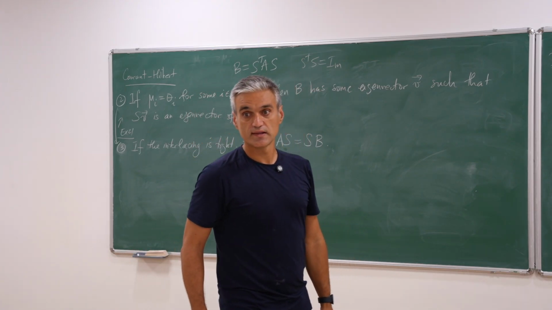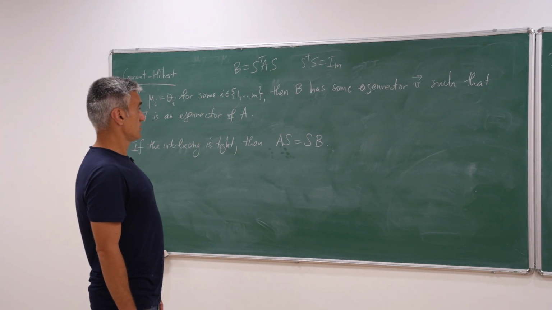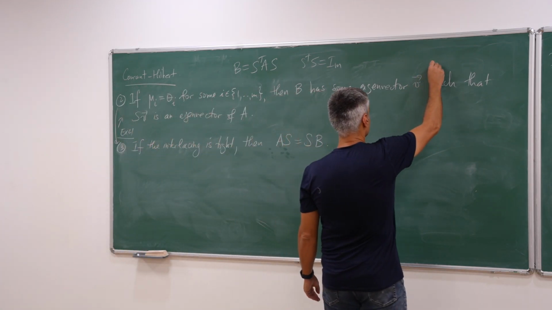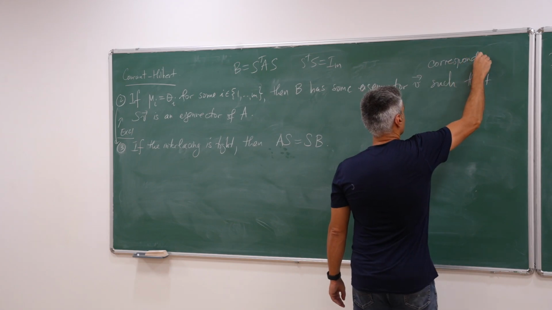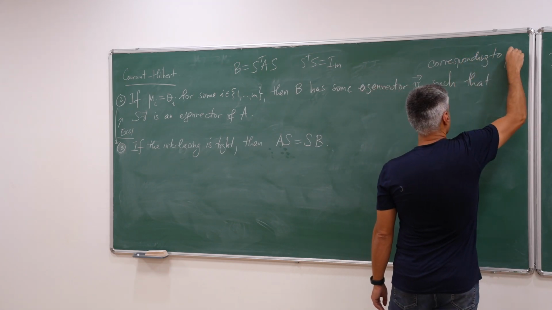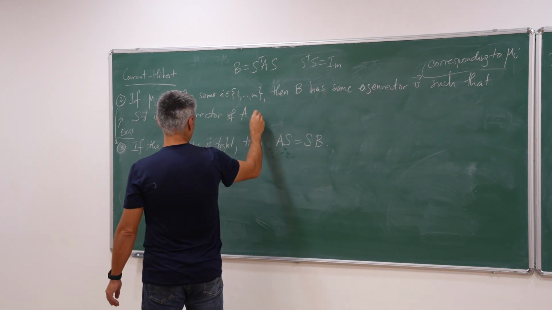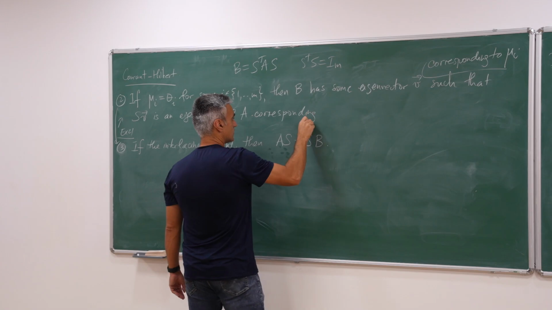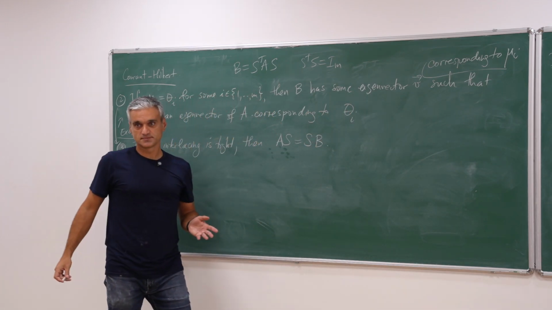Yes? We have some eigenvectors corresponding to the eigenvalue lambda. Yes, very good. So this eigenvector corresponding to mu i, such that Sv is an eigenvector of A corresponding to the same eigenvalue, but to theta i. But theta i and mu i are the same.